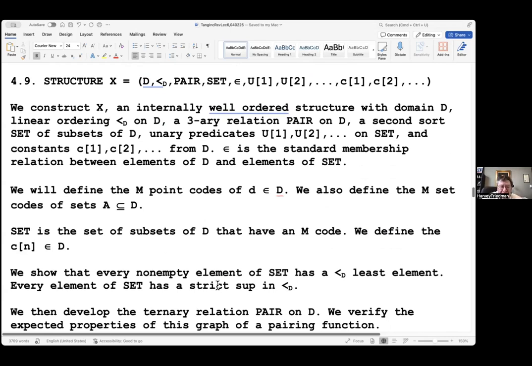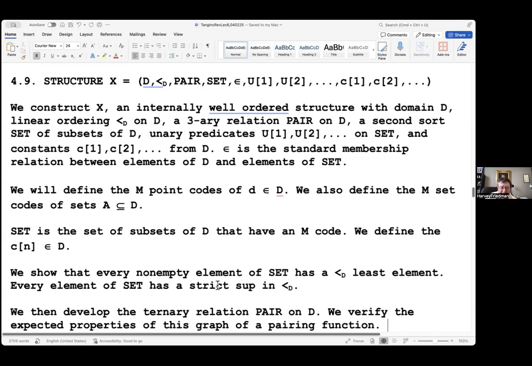We construct X, an internally well-ordered structure with domain D, linear ordering less than D on D, a ternary relation pair on D, a second sort set of subsets of D, unary predicates U1, U2, and so forth on set, and constants C1, C2, and so forth from D. Epsilon is the standard membership relation between elements of D and elements of set, as we did last week.